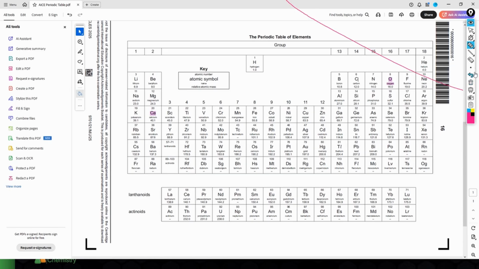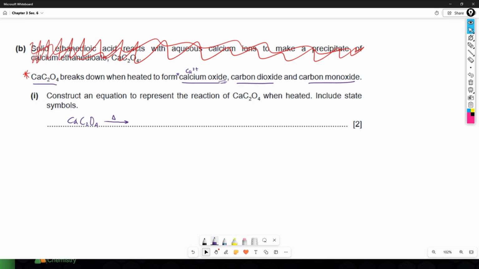So we have the calcium 2+ that we wrote here reacting with the oxide, which is O2-. When we cross them, we end up with Ca2O2. But remember, we need to simplify these ratios when we can. So Ca2O2 becomes simply CaO, a 1-to-1 ratio instead of a 2-to-2 ratio.